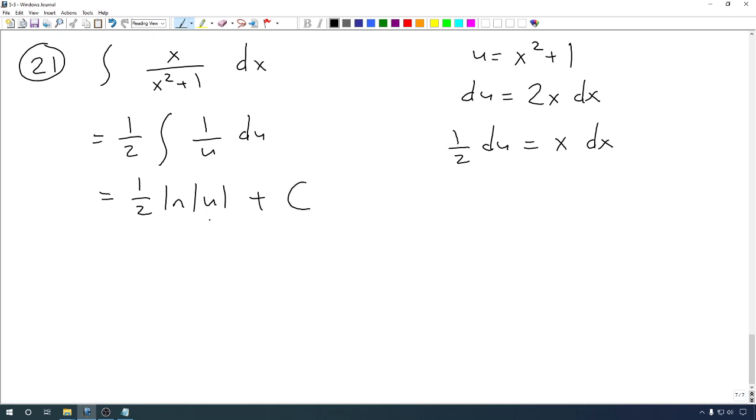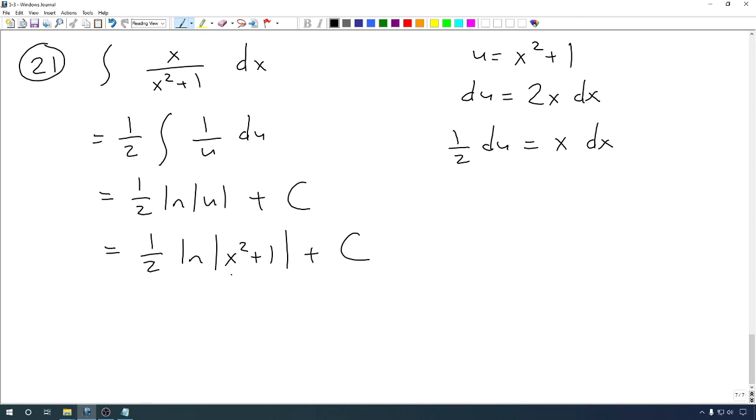Of course, now we need to go ahead and put in the x's, so that the u here gets replaced by an x squared plus 1. And this would be a perfectly valid answer. But I'm going to go one step further. Notice here that x squared is always a non-negative number.